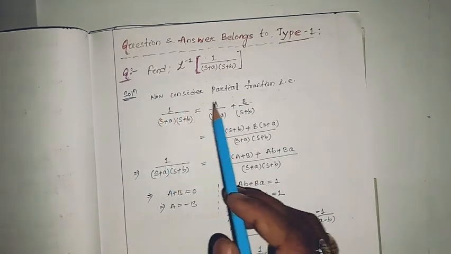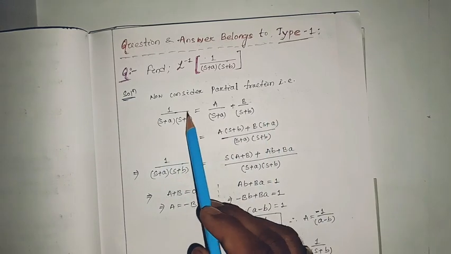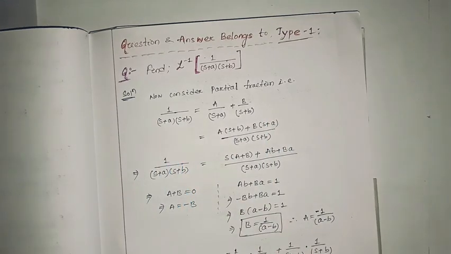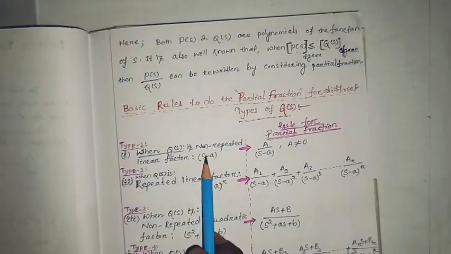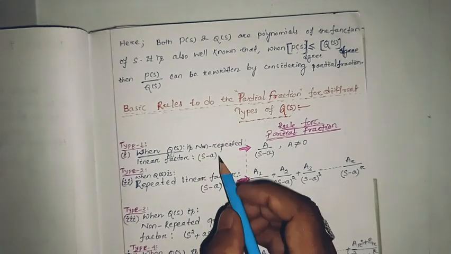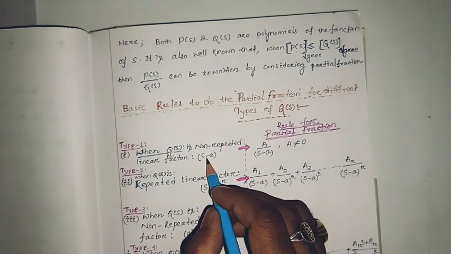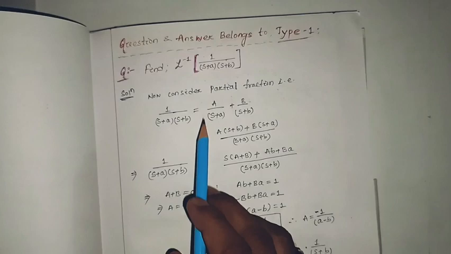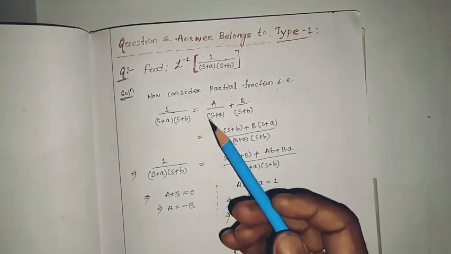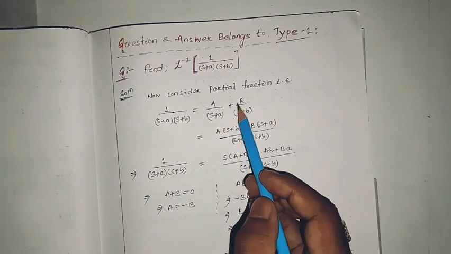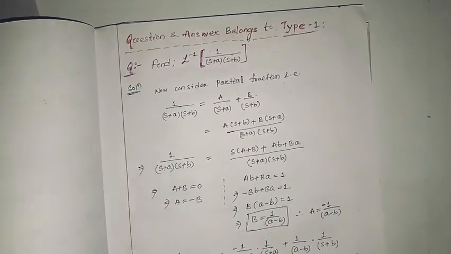Now we have to consider the partial fraction of this one. As I told you, in case of type 1, we have to write it like this. If one term is there, it means 1/(s-a). Suppose two terms are there, s-a and s-b, like this. Here s+a and s+b are there, so we have to write A/(s+a) + B/(s+b).